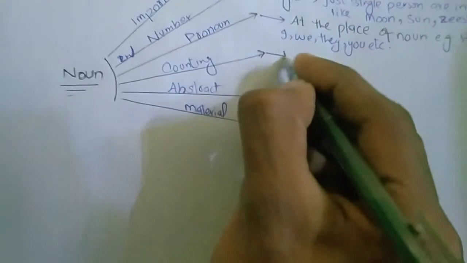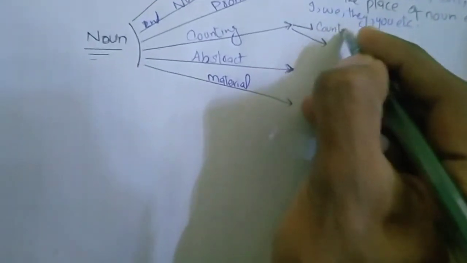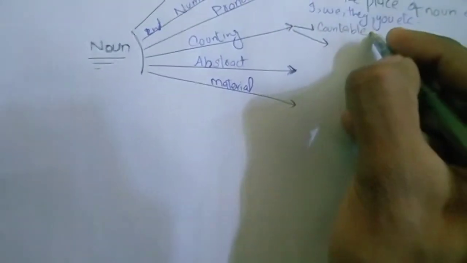This is also divided into two major parts: countable noun, uncountable noun.